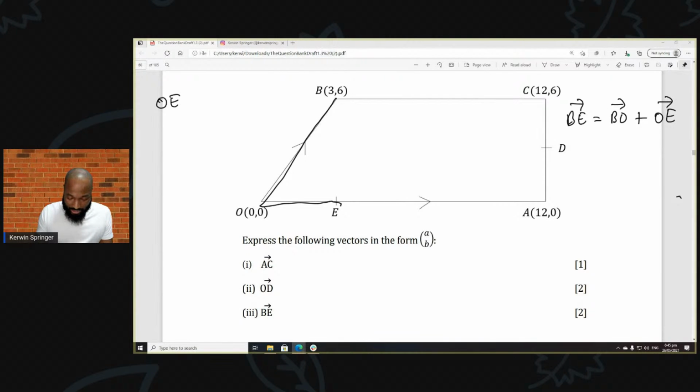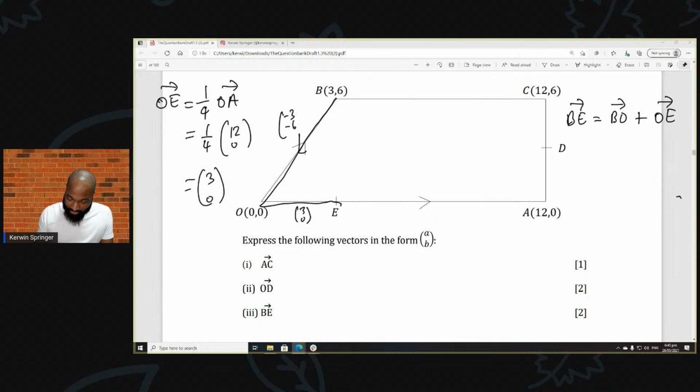O to E is equal to not a half, a quarter of O to A. So this is a quarter of the 12, 0. So this is 3, 0. So this little part here is like 3, 0. And if we need to go down this will be like -3, -6, okay? So B to E is -3, -6, plus 3, 0.